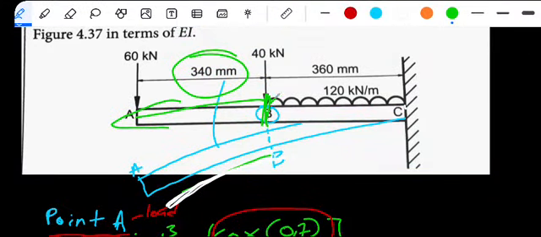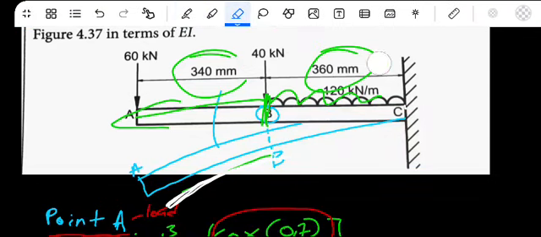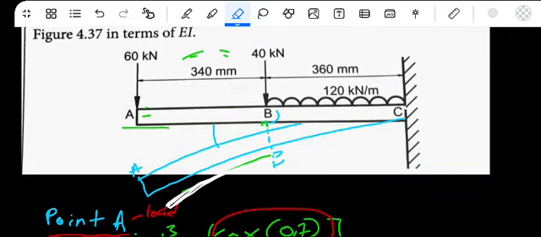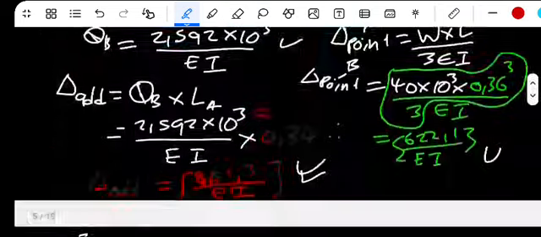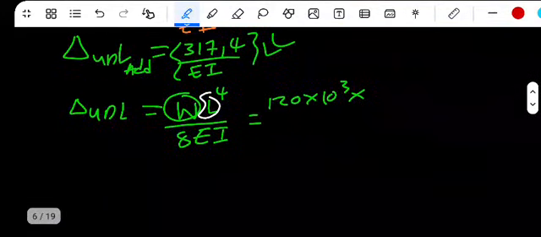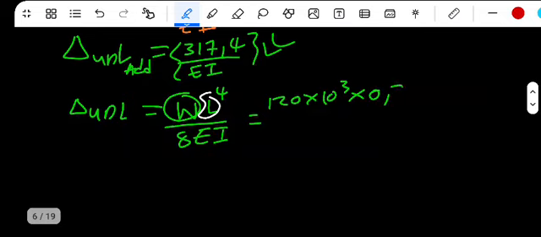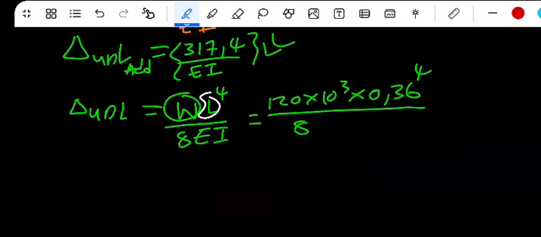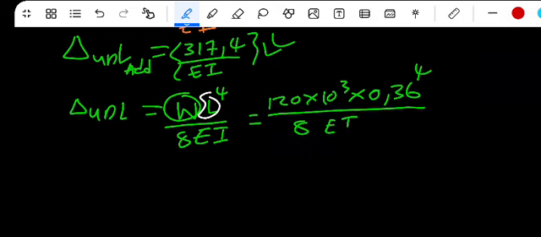So it is 0.36 raised to the power 4 divided by 8 multiplied by EI.